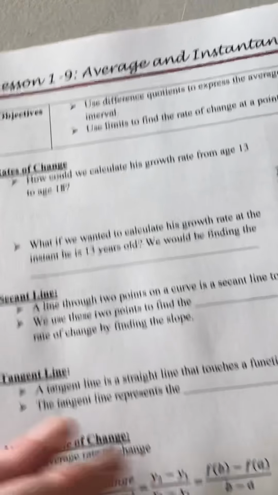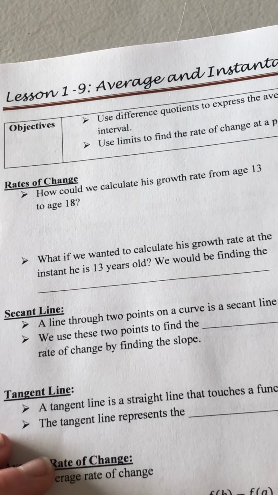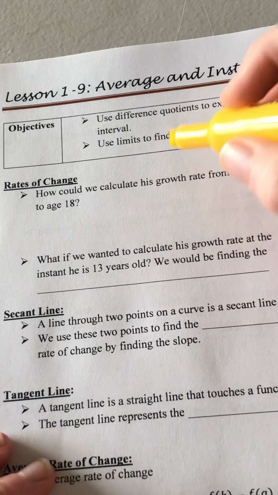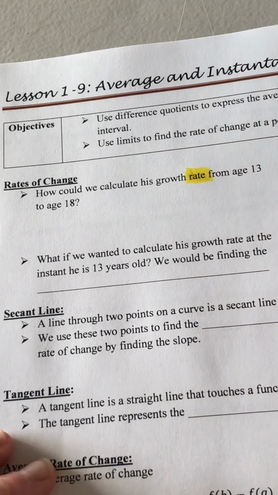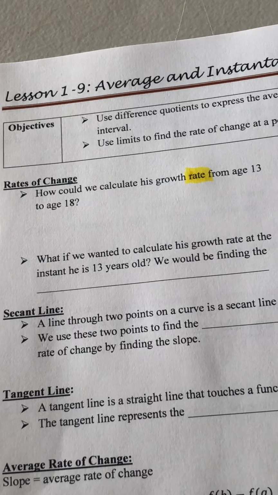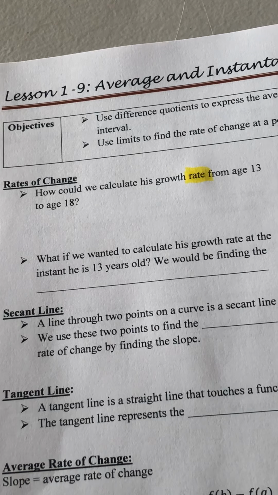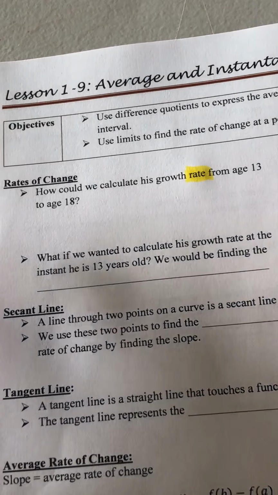And then if I ask you what his growth rate is, how could we find that? Well, a rate of change is another word for slope. So we could just use the slope formula and find his rate of growth per year, okay?